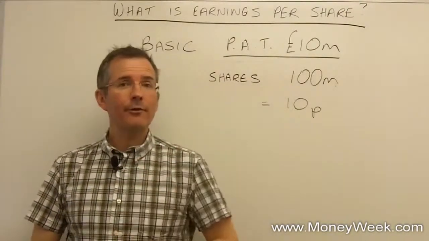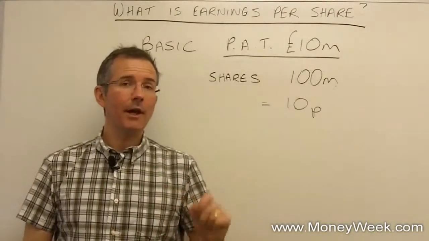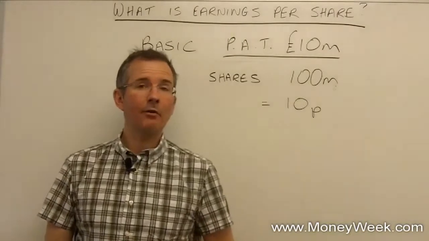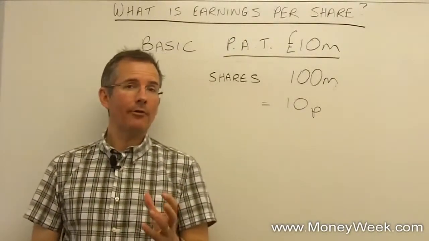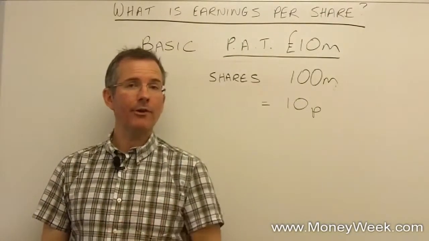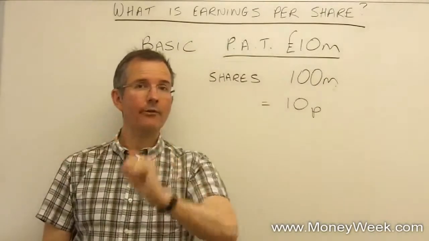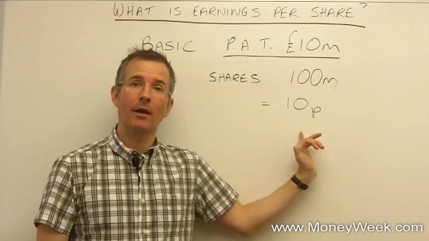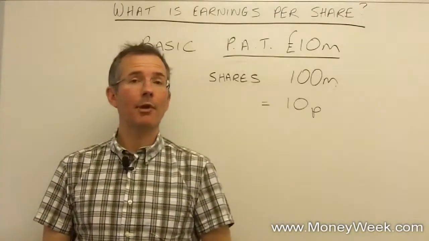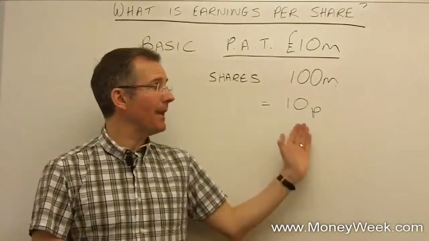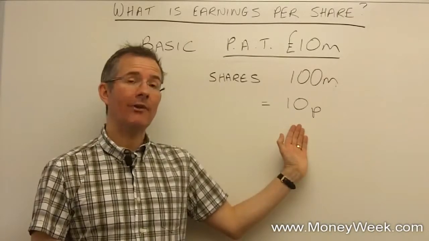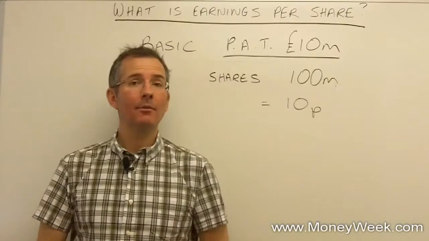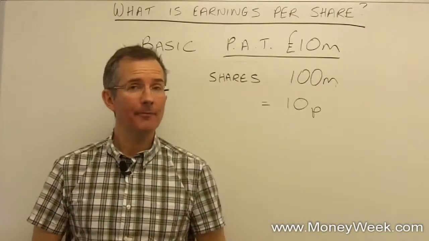The other use for it, something we look at in a different video, is in a price to earnings multiple, because that multiple, used as a way of deciding whether a share is cheap or expensive, uses the current share price divided by the latest earnings per share figure. So, for example, the current share price is £1, EPS based on the latest earnings is 10p, then the PE multiple would be 10. But as I say, that's something we cover in another video.